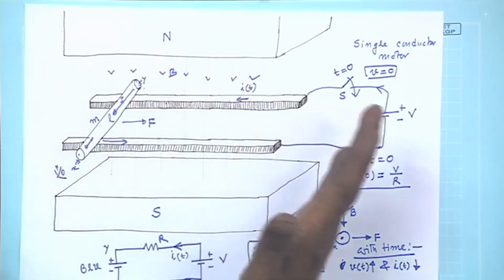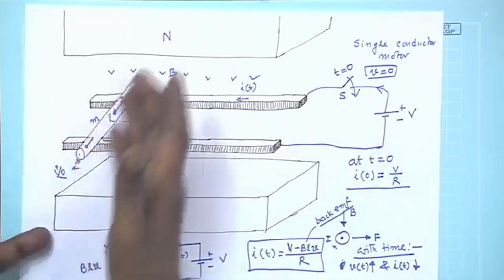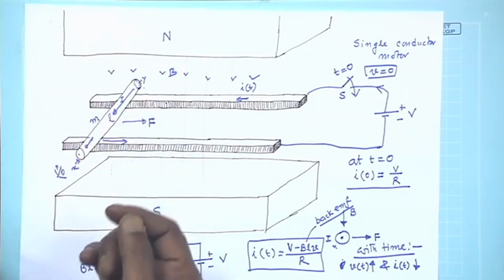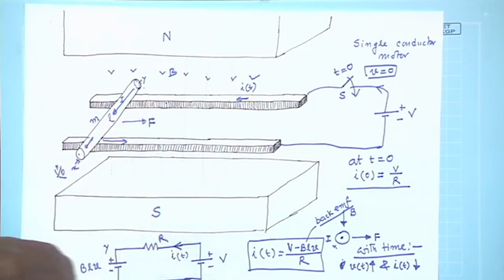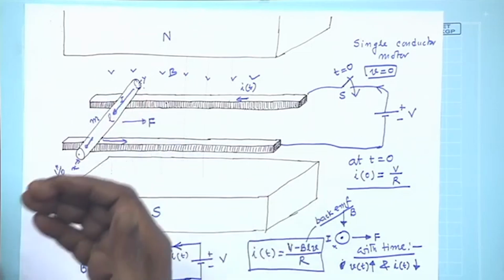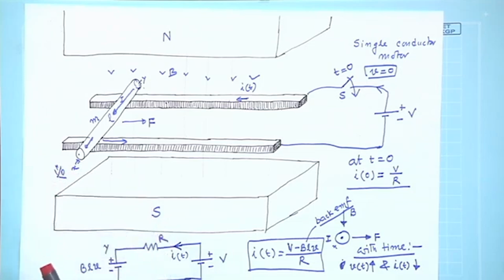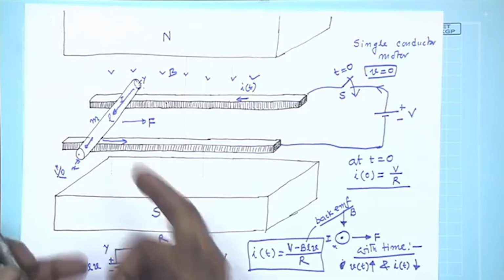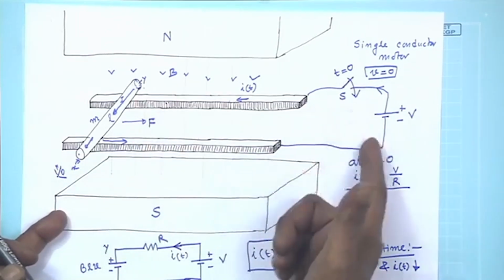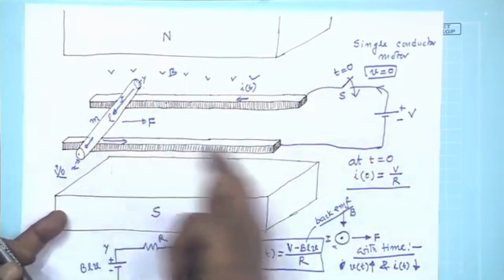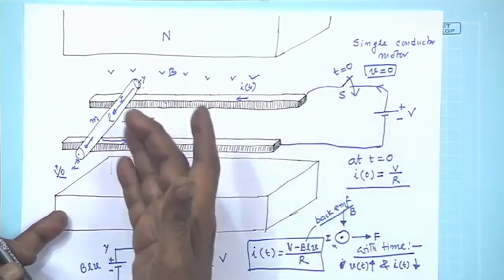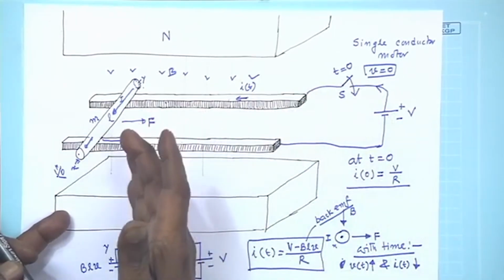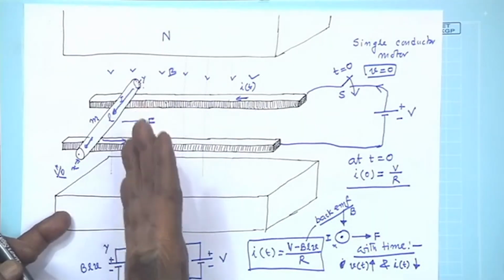Velocity cannot change instantaneously, because this bar has got a mass. So, velocity at t 0 minus, before closing the switch it was 0, at t equal to 0 plus also velocity has to be 0. Although at t equal to 0, the moment you close, the current in the circuit is V by R, and this force will appear, but the bar is yet to move.